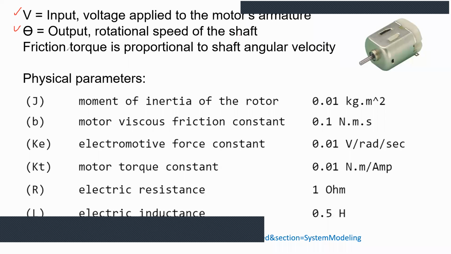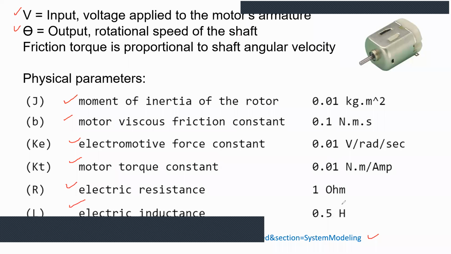The friction torque is proportional to the shaft angular velocity. There are physical parameters which are written here: the moment of inertia of the rotor. Typical values are given on the right side, from a website which I have written below. Then the motor viscous friction constant represented with B, electromotive force constant, motor torque constant, electrical resistance, and electric inductance.